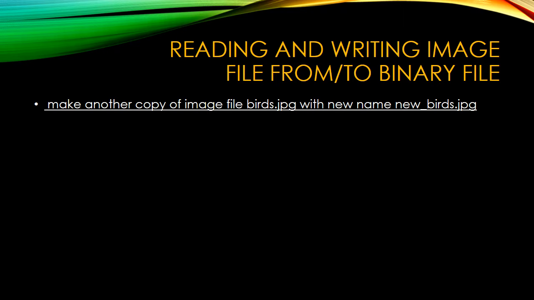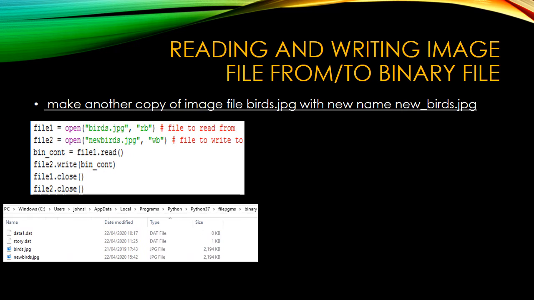And next we are going to see how to read an image and also write an image from binary files. In this program we are going to make one copy of the image. See here, first we are opening the birds.jpg file, and it will be written into the file new birds.jpg.